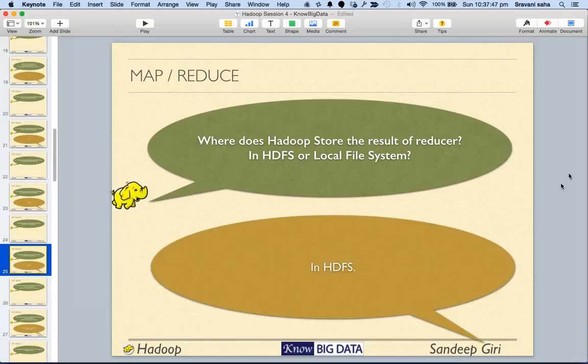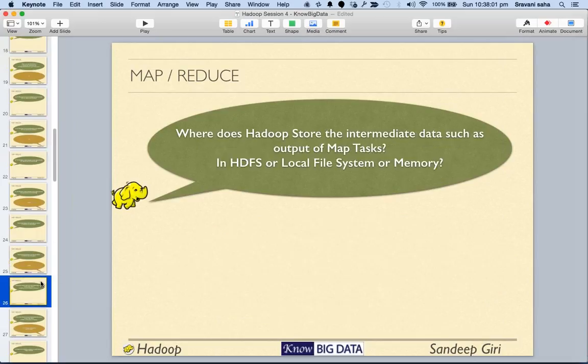Now next question is, where does Hadoop store the intermediate data such as the output of map tasks? On each machine your mapper is running, generating key values, and Hadoop is receiving those key values.